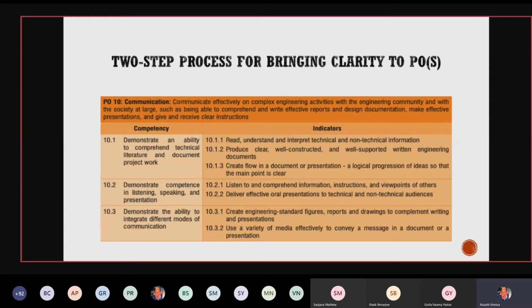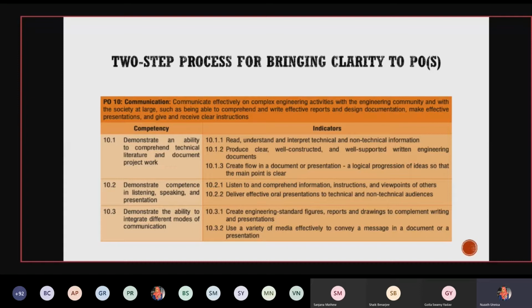And lastly, once the document is written, it should be usable and easily understandable to people who are non-technical as well. So the flow of the document should be proper. All these 3 performance indicators should be achieved in order to achieve the first competency.